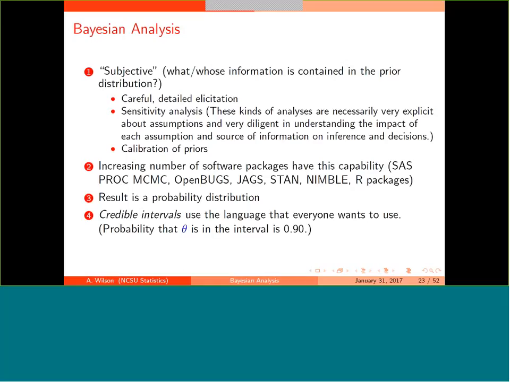Another feature of Bayesian analysis: for a long time there wasn't good availability of tools to actually do more sophisticated Bayesian analysis. That's changing very rapidly. SAS actually has a proc now called PROC MCMC, which does a lot of good Bayesian calculations. And the rest of the packages that I'm describing are actually open source. So there's good availability now of both commercial and open source packages to do these computations.